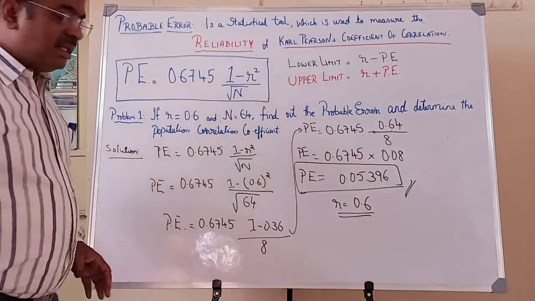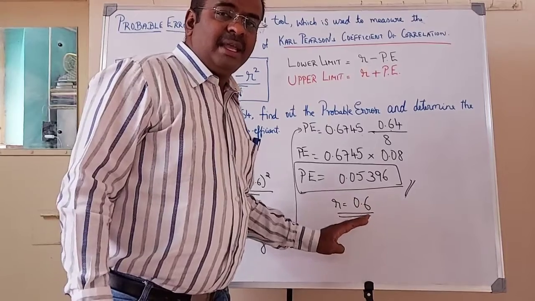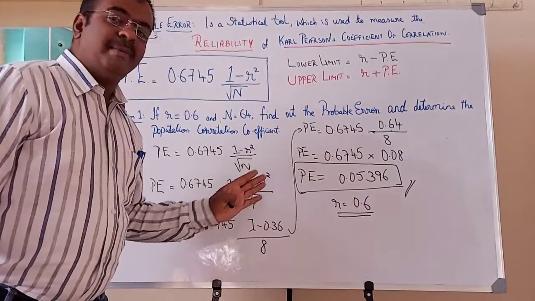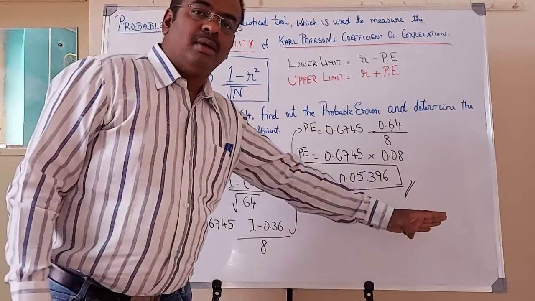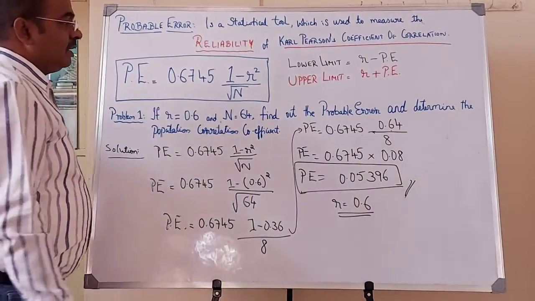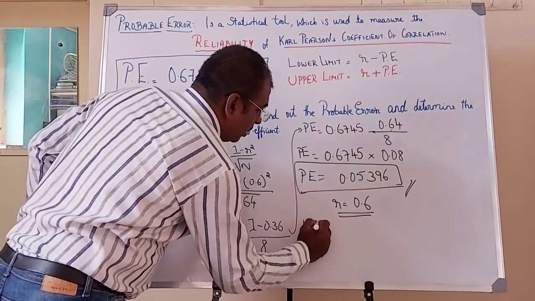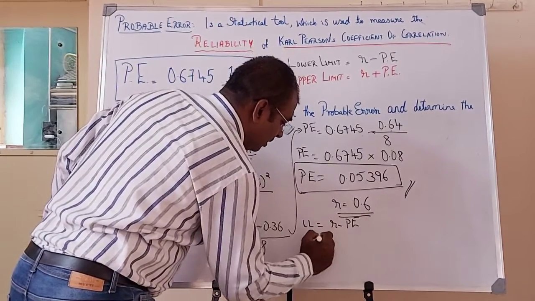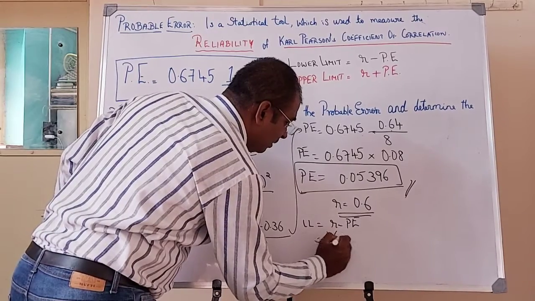So the chances of variation of r, if it is significant, should be within certain limits, that is less than or more than r.